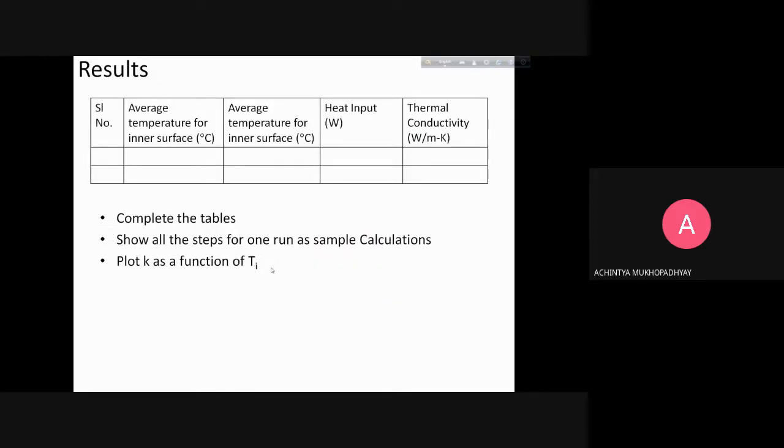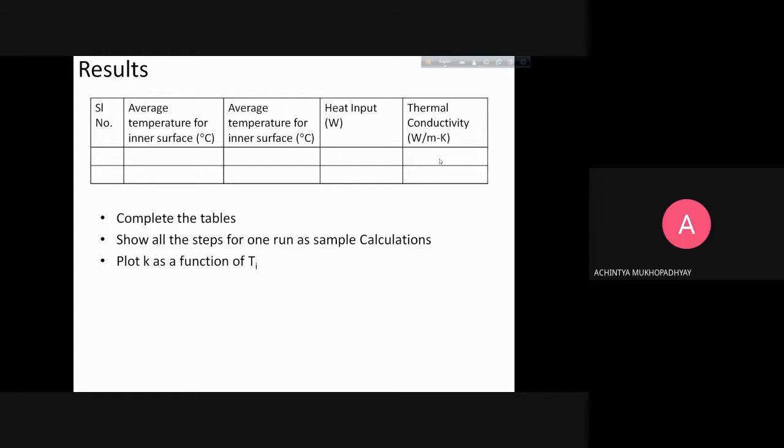When you go for the second condition, your result table should look like this. Because you are doing the calculations for different power inputs, the temperature levels will be different. So the thermal conductivity values will not be exactly the same, because thermal conductivity itself is a function of temperature.